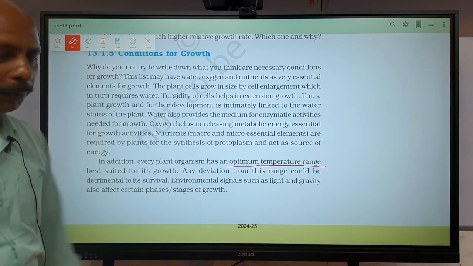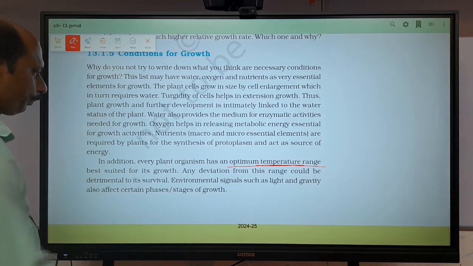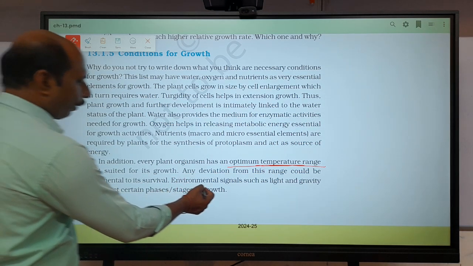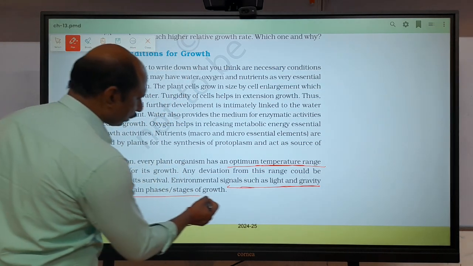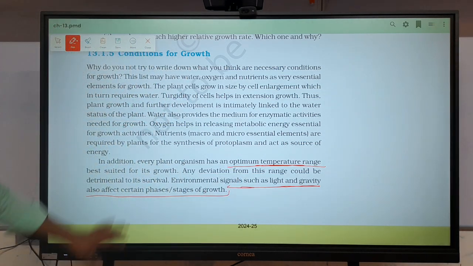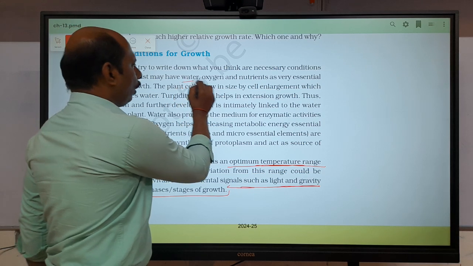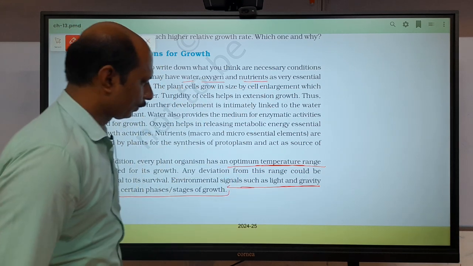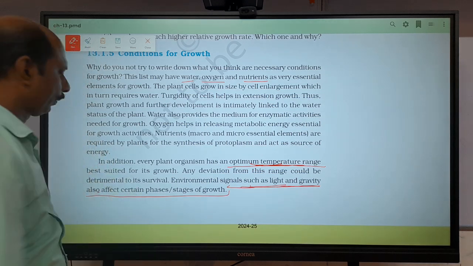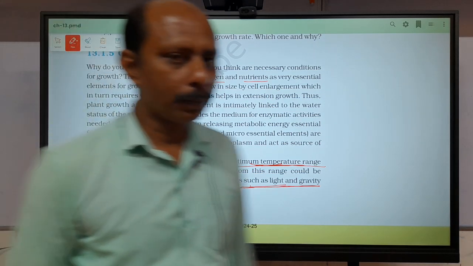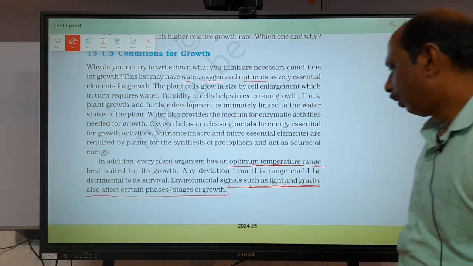Why? Because here the optimum temperature is there. Second, environmental signals such as light and gravity also affect the phase or stage of growth. Now here we are given water, oxygen, nutrients, optimum temperature, light and gravity, right? They are essential for growth.